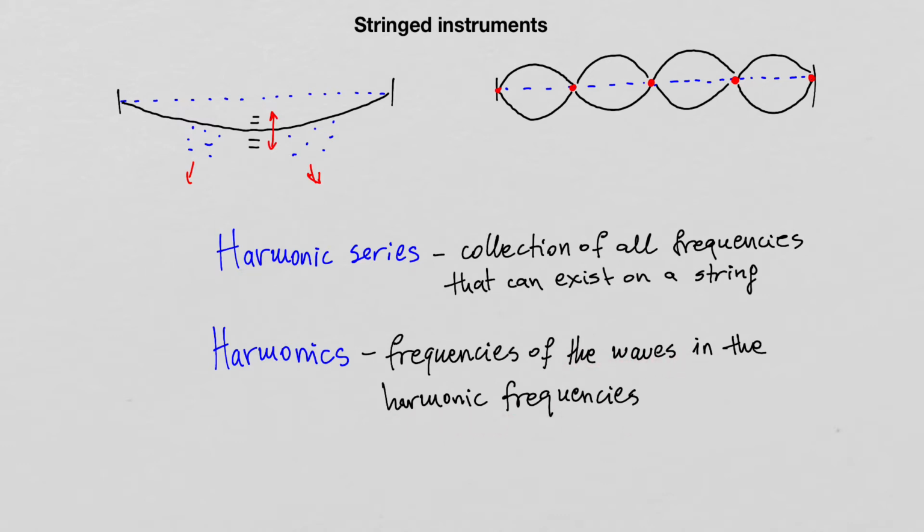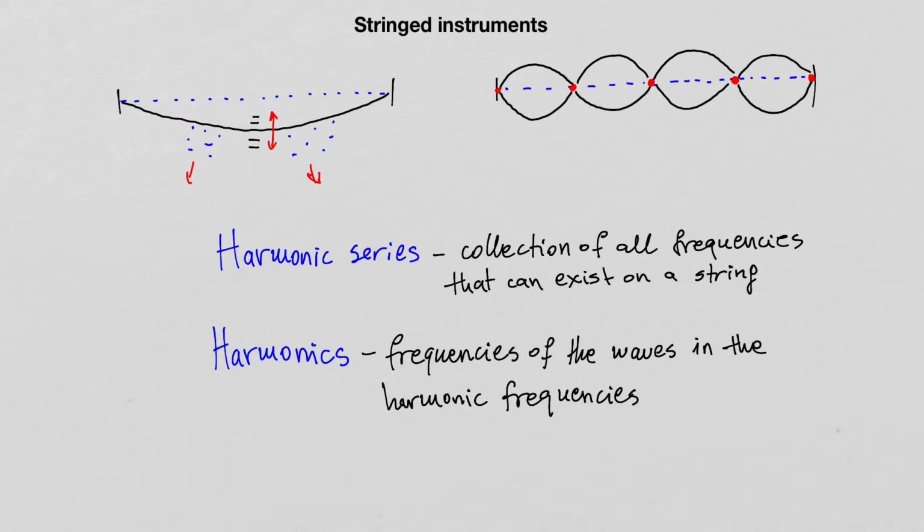The harmonic series will be different for different lengths of strings. So even if we have two strings made from the exact same material with the exact same diameter, if the lengths are different, then different harmonic series can be excited on those two strings.